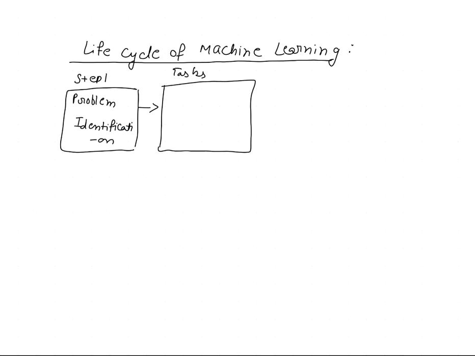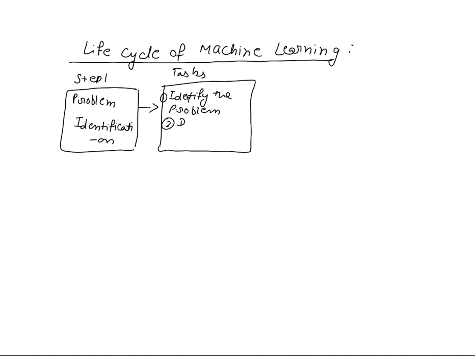This is part of this one, not the next step. So what task are you performing at this step? You are going to identify the problem. Define the clear objective.